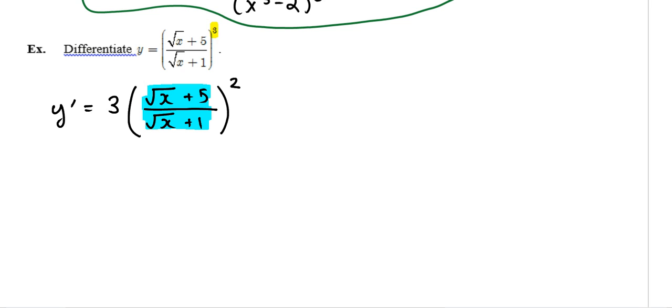Just remember, root x is the same thing as x to the power of 1/2, so if I write this in terms of power and take the derivative, this will be 1/2 x to the power of -1/2. We're definitely going to have to use this rule when we take the derivative of that inside function.